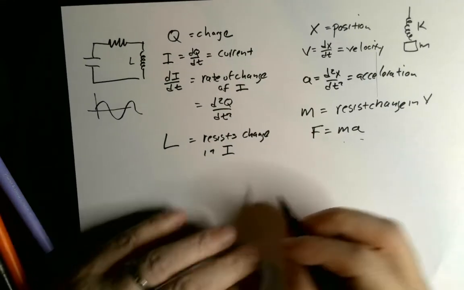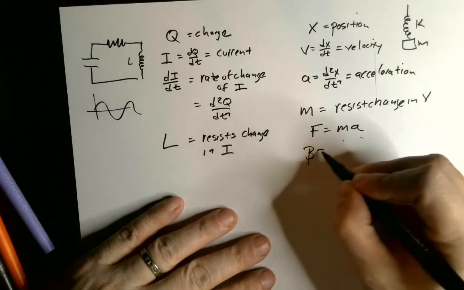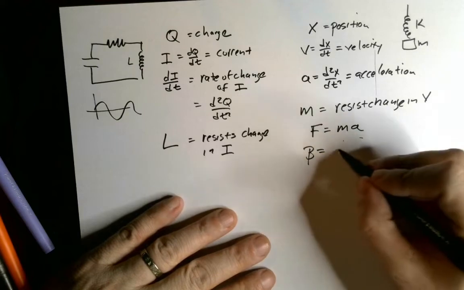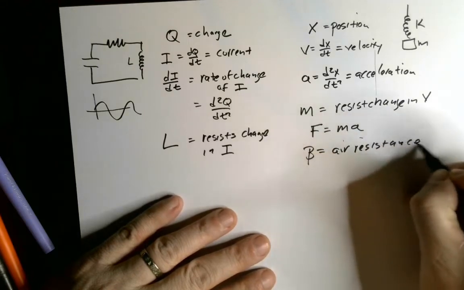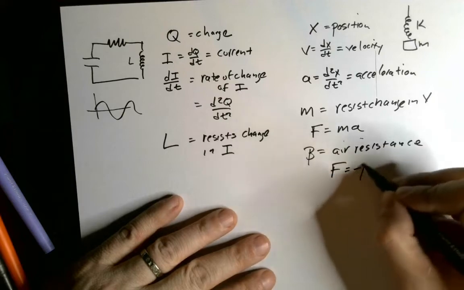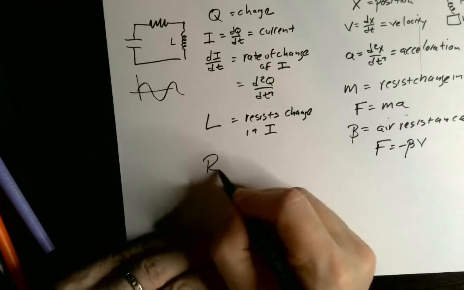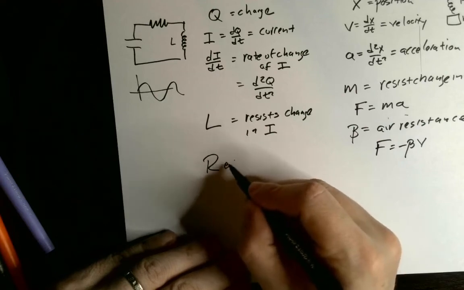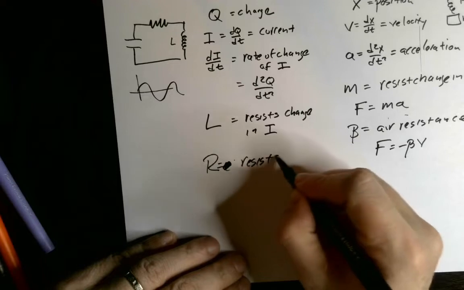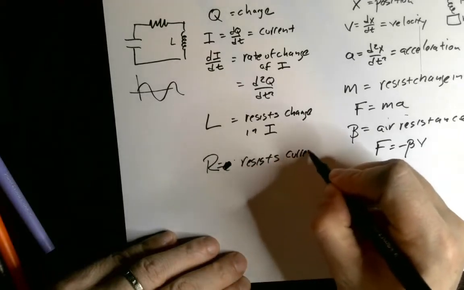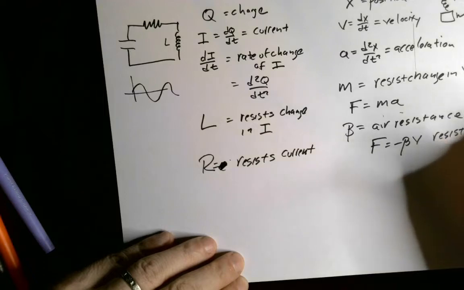If you've got air resistance, so that there's some force that's equal to minus beta times the velocity, that is like resistance. R resists current, air resistance resists velocity.